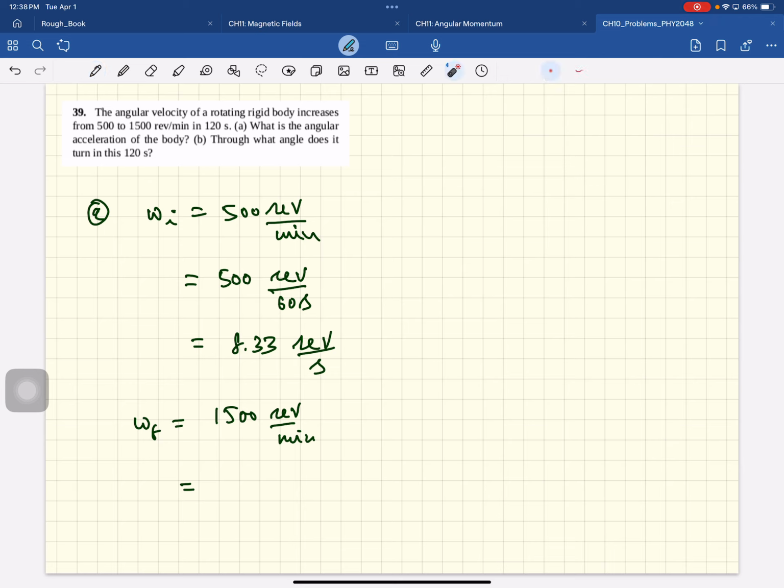And this velocity is 3 times that, so it'll be 3 times this. So this is 25 revolutions per second. All right, and so assuming constant angular acceleration, you saw this formula.